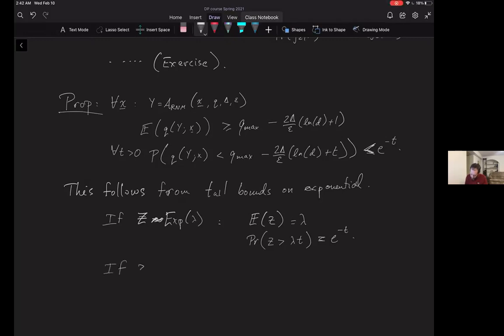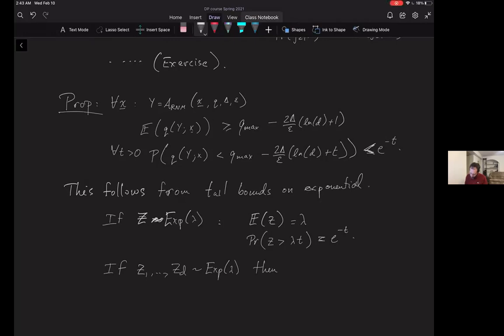And it's pretty much a definition of the exponential distribution. And if z1 to zd are exponential, then we have the following facts.